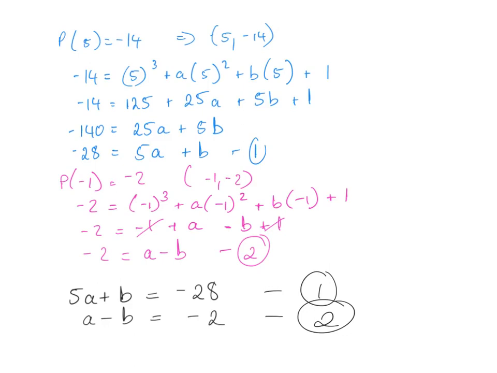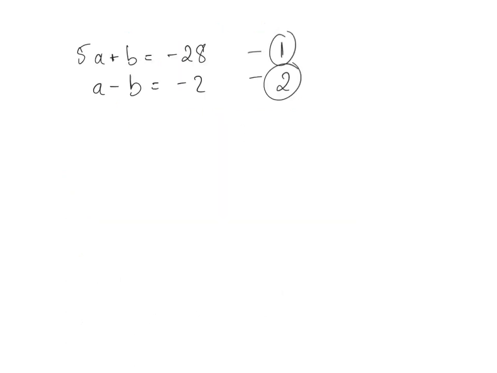The best thing to do here would be to add my two equations together, because what I want to do is get rid of one of those unknowns. So if I add them together, I get 5a plus a is 6a, plus b minus b cancels, -28 plus -2 is -30.